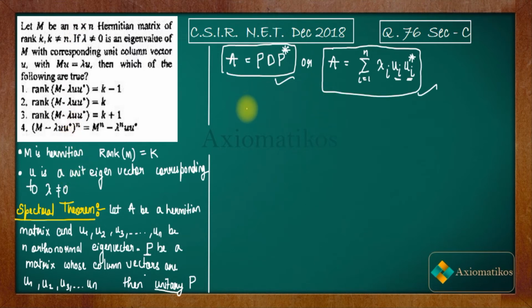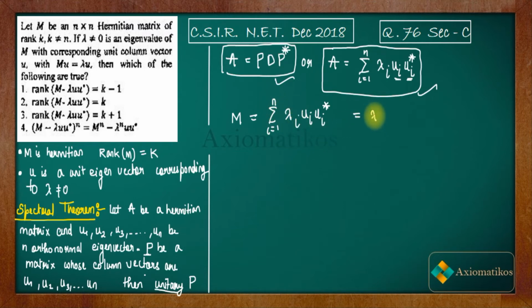So because we have a Hermitian matrix, it means that for M also we can write it like this: summation lambda i ui ui star, where i is varying from 1 to n. Now let us separate the first term.